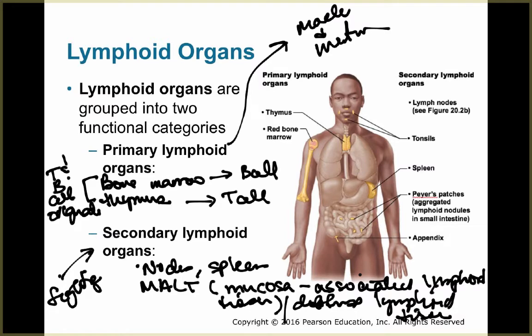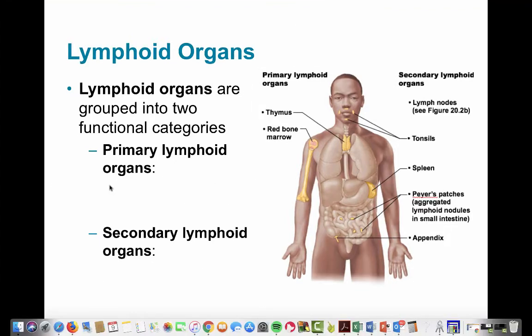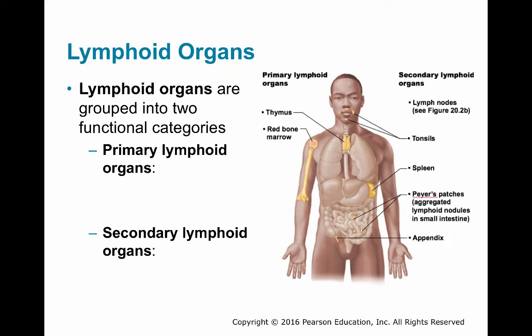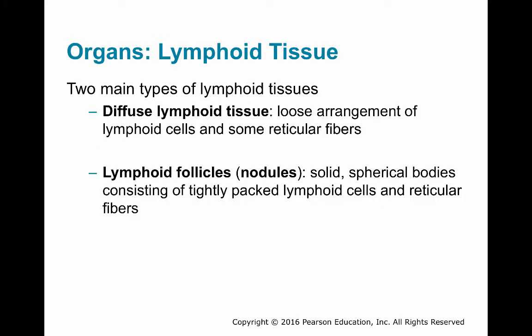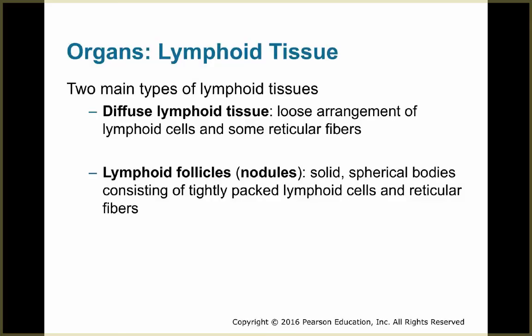So let's talk a little bit about these different types of tissue and organs. There are two main types of lymph node tissue. There's diffuse lymph node tissue, as I said. This is loose arrangements of lymphoid cells and some reticular cells. This is basically found in every body organ.